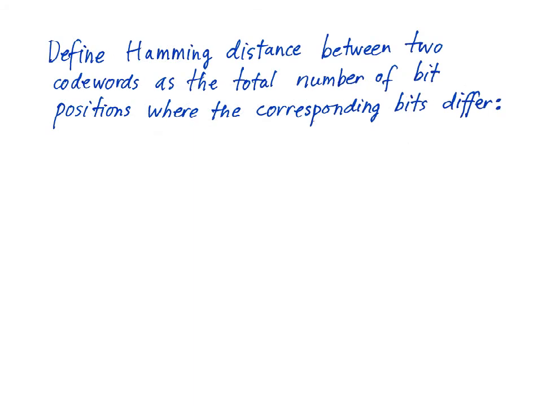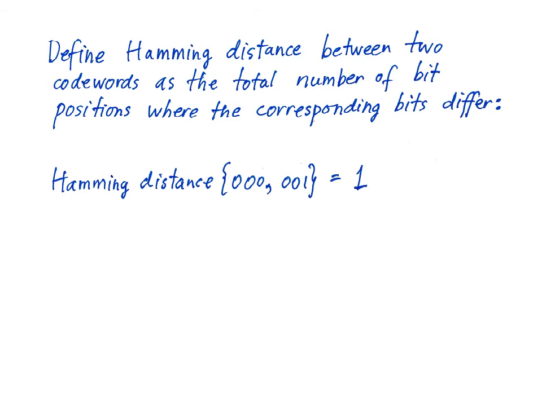To get an idea of how this works, let's define a Hamming distance between two code words as the total number of bits in corresponding positions that differ in the two code words. For example, the Hamming distance between these two code words is 1, because only 1 bit is different.